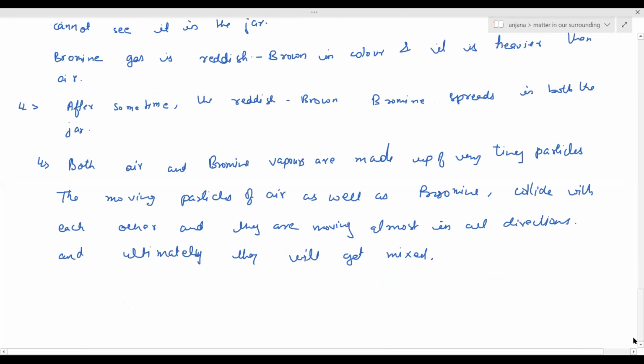And this is also one of the evidence that every matter is made up of very small and tiny particles. Write down this.